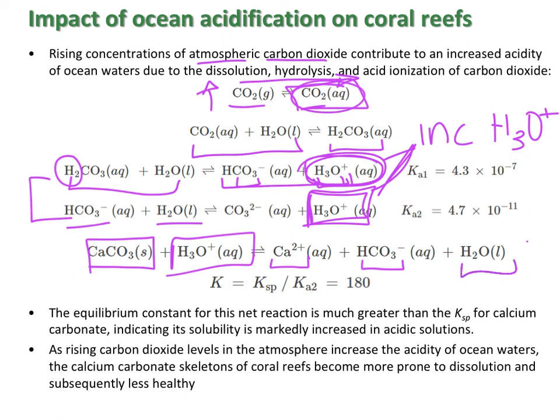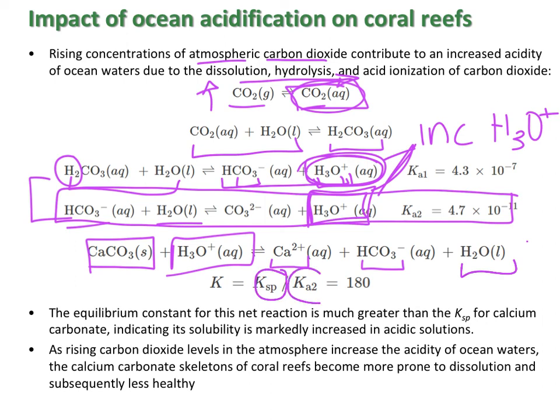So what you have occurring in terms of the reefs is this reaction right here, and also the previous reaction that has to do with just calcium carbonate going into solution as calcium ion and carbonate ion. So you have your Ksp value and your Ka2. For this coupled equilibria, you would combine both of these and you end up getting your new K value.